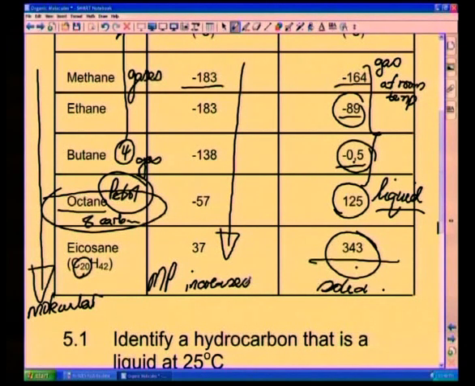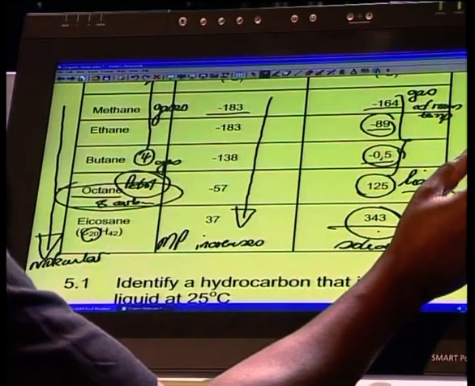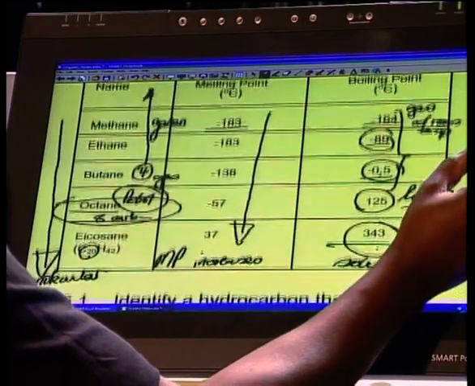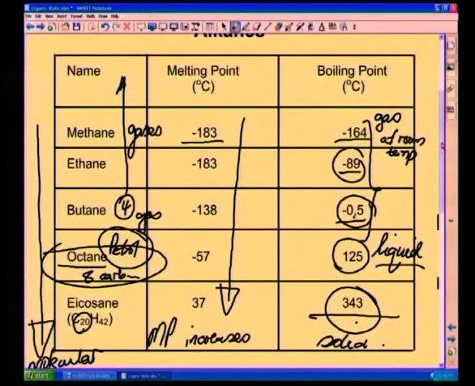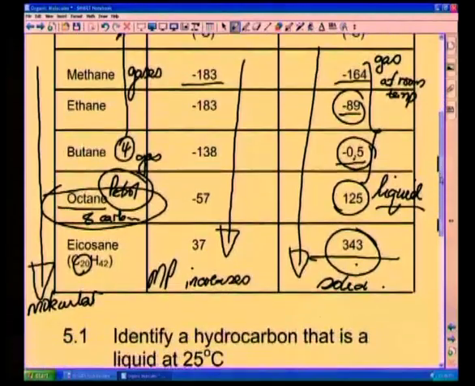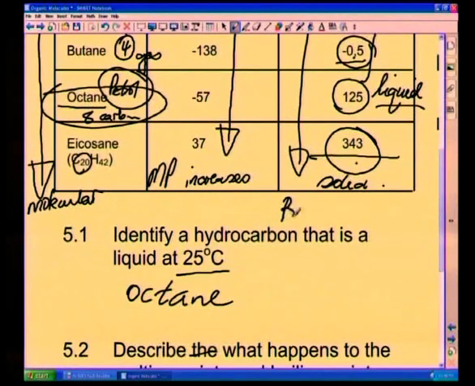What is happening with the boiling point? We can check the same thing is happening. Look, from minus 164 we come to minus 89, minus 0.5. Suddenly at 125, we are way up at 343. So the boiling point is also increasing with molecular mass.